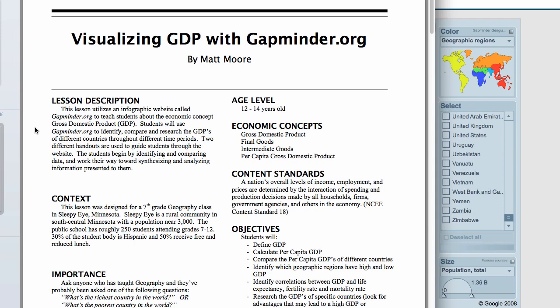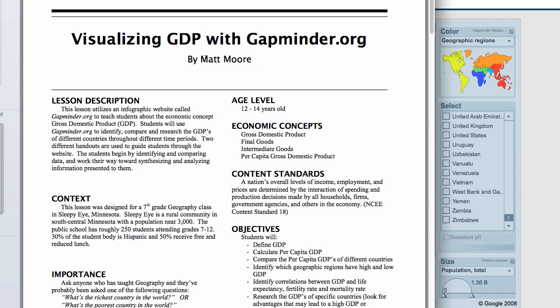But rather than just giving a lecture on gross domestic product, he's actually having them do research by comparing the gross domestic product per capita of various different countries and different regions of the world.